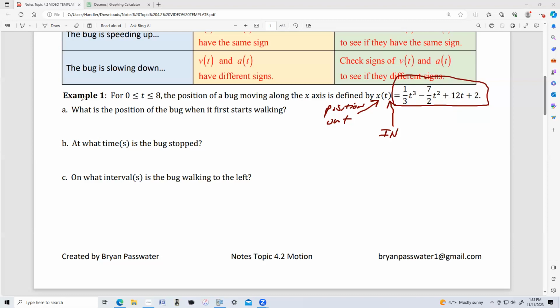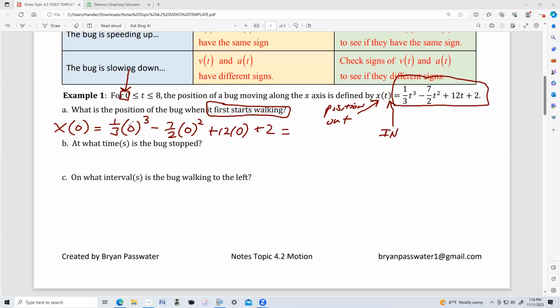Okay, question A, what is the position of the bug when it first starts walking? Well, if you look at the domain, it first starts walking when the time is 0. And since you're given the position function where time goes in and position goes out, you simply plug into this position function, and the bug first starts walking when the time is 0. So that would be the position x at 0 is equal to 1/3 t, which is 0 cubed, minus 7/2 t, 0 squared, plus 12 times t, which is 0, plus 2.